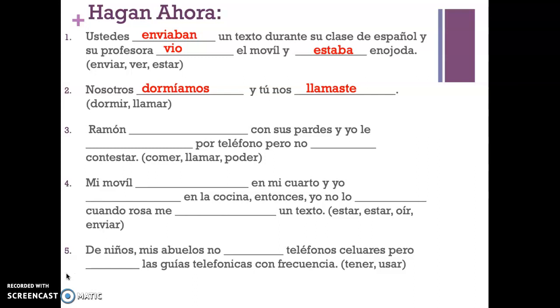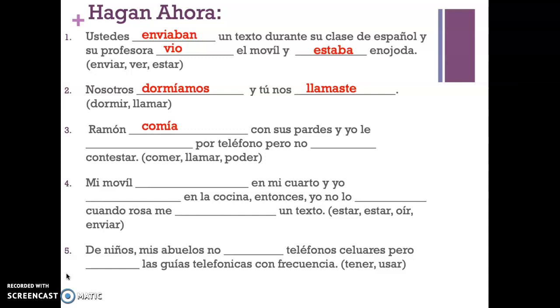Try the third one. Ramón comer con sus padres y yo le llamar por teléfono, pero no poder contestar. Ramon was eating with his parents, and I called him on the phone, but he was not able to answer. Try and conjugate those. All right, so the first one, comer, you should have comía.